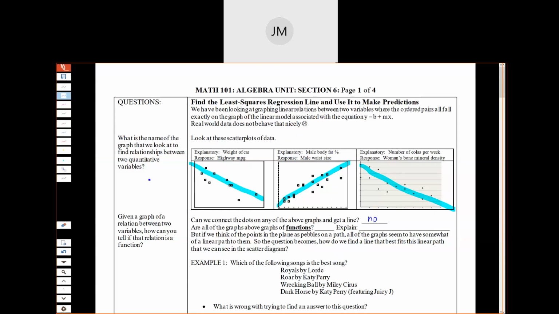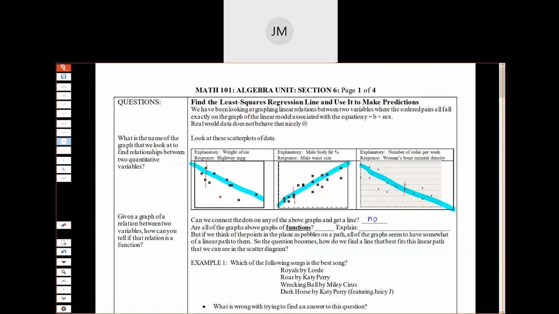Well, if I try the vertical line test, if this is a point on the graph and this is a point on the graph, I think those are the same x value. And if I have the same x value and two different y's, then that's not a function. It's very clear on the second and third graphs, right? I can definitely find two points with different y values and the same x value.